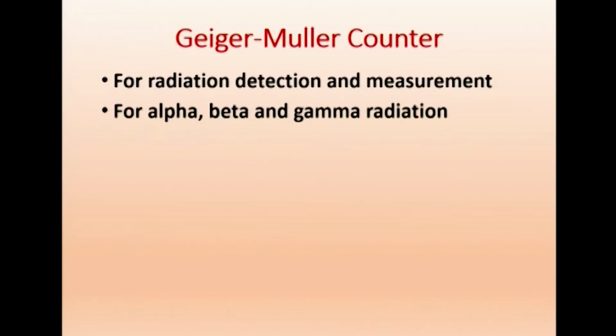GM counter is the expansion for Geiger-Müller counter. Geiger and Müller are names of the scientists, and this GM counter is used for radiation detection and measurement. When you say radiation, it is nuclear radiation, high energy radiation.